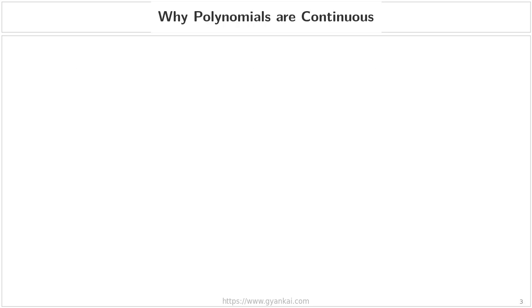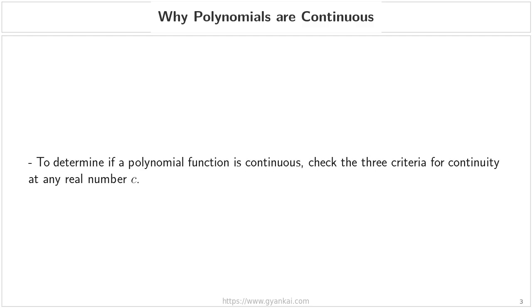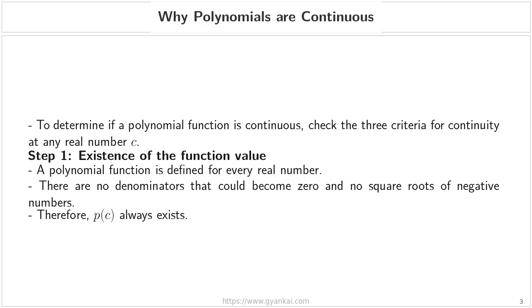Why polynomials are continuous? Now that we have a clear understanding of what polynomial functions are, let's examine why they are always continuous. To do this, we will apply the 3 rigorous criteria for continuity that we introduced at the beginning of this lesson, testing them at any arbitrary real number, which we will call c. First, let's look at step 1, the existence of the function value.